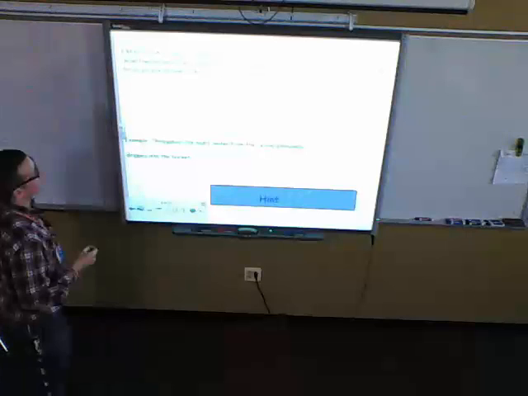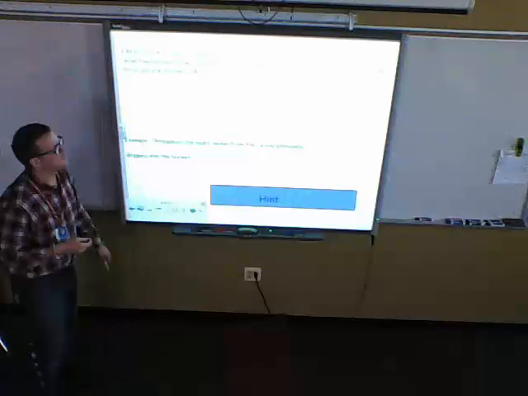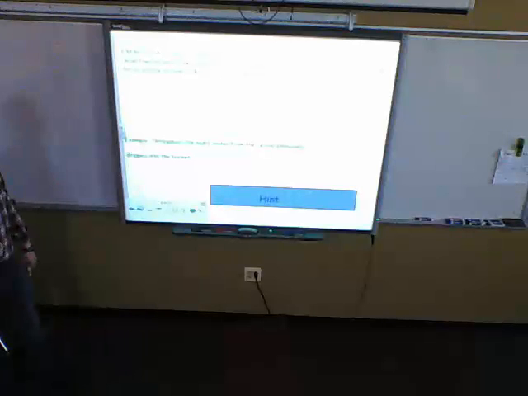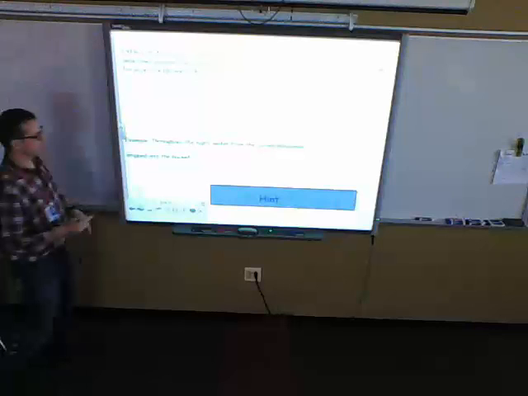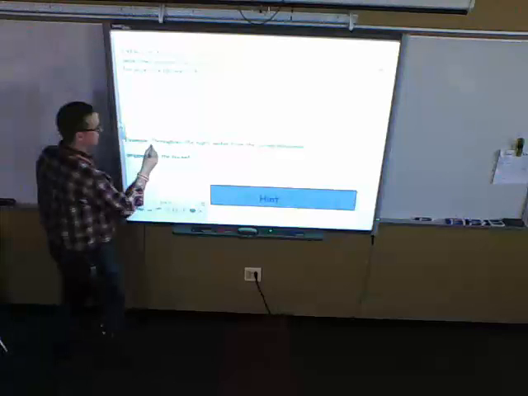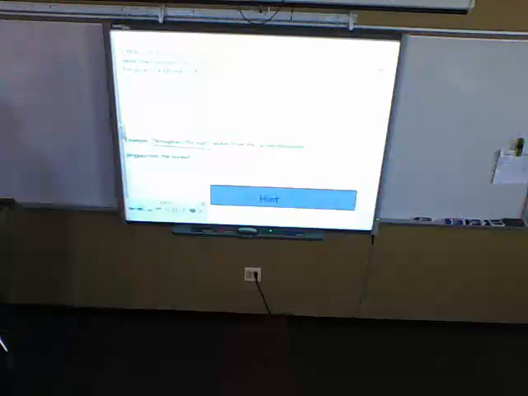Then identify the phrase by writing above it ADJ for an adjective phrase or ADV for an adverb phrase. So in our example here, throughout the night is the phrase, and what word is it modifying in your example? Mia?